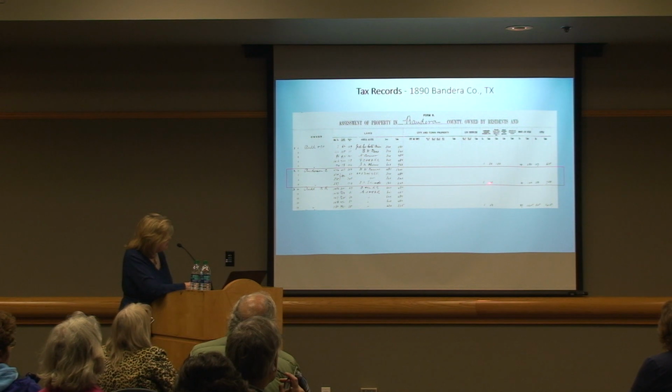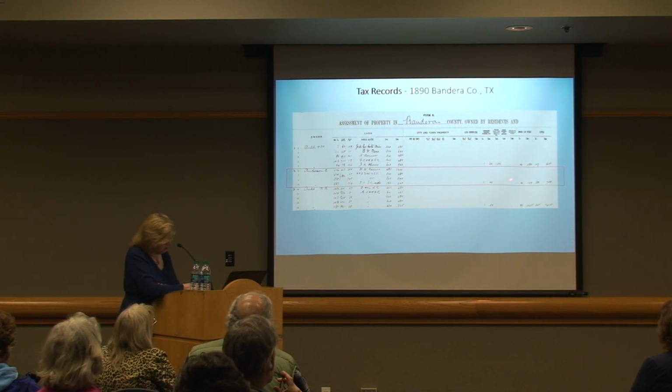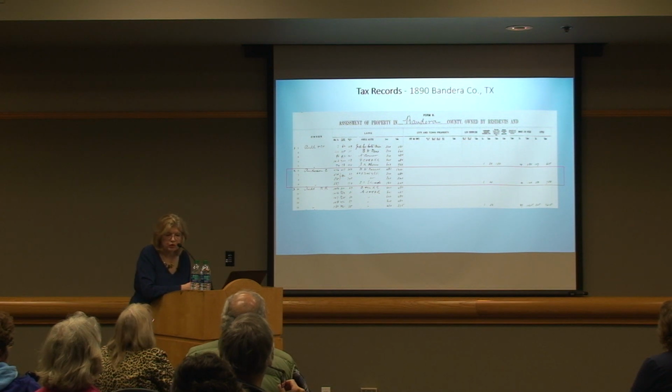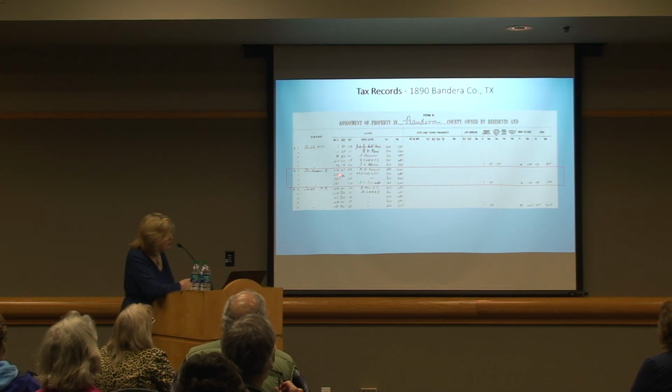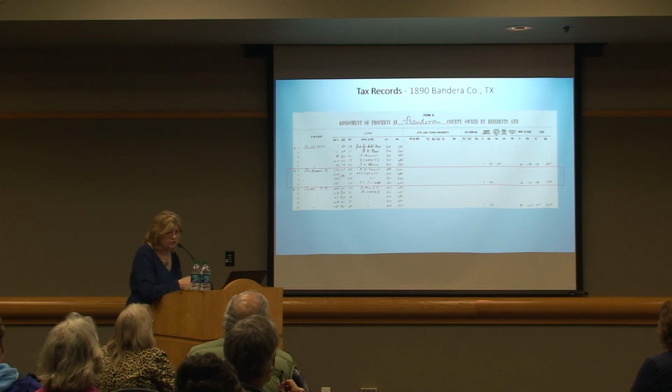He had 1 wagon valued at $20, and there was a tax on those in addition to any other farm tools. He also had 4 horses and mules valued at $100 and 150 head of cattle valued at $750. Now, this doesn't tell us much more. It just tells us where he was in 1890 and his approximate net worth. But it does give us clues as to where to look for other records.